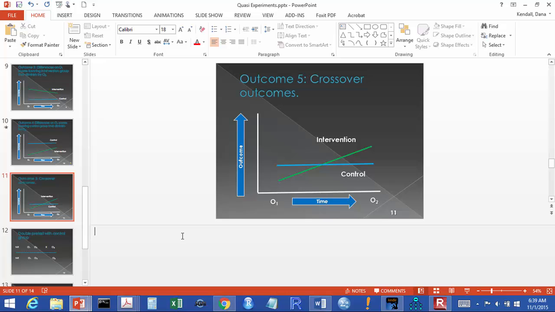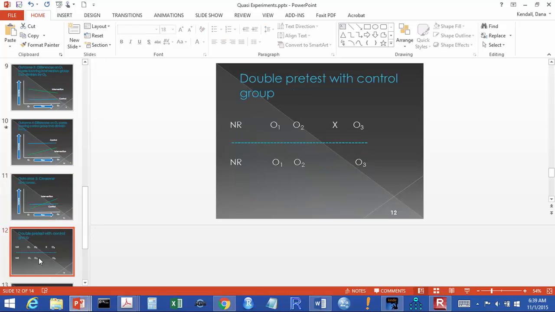However, there is a way to try to mitigate, and that is a solution that looks like this, and that is a double pretest with 2 groups. And in this case, what we can do then is we can check for maturation occurring at these 2 time points in both groups, and then across these 2 time points in both groups.